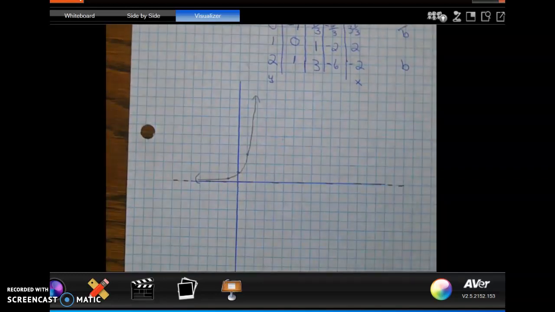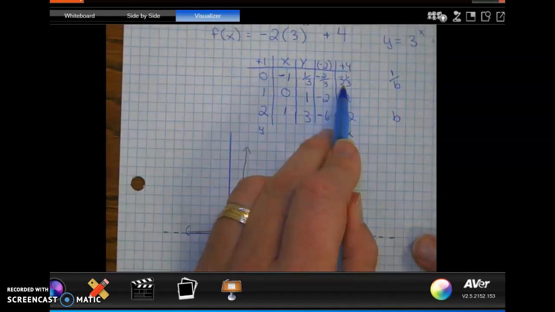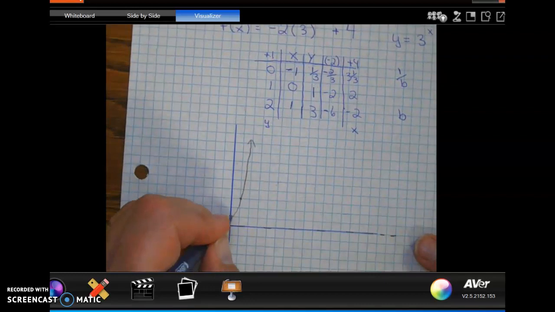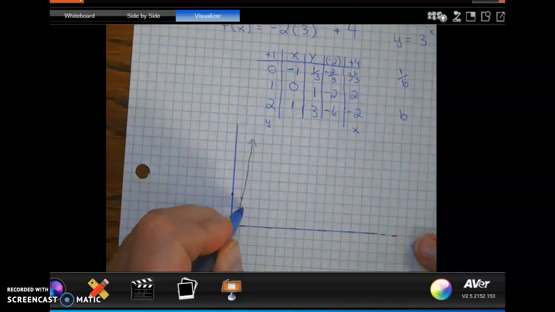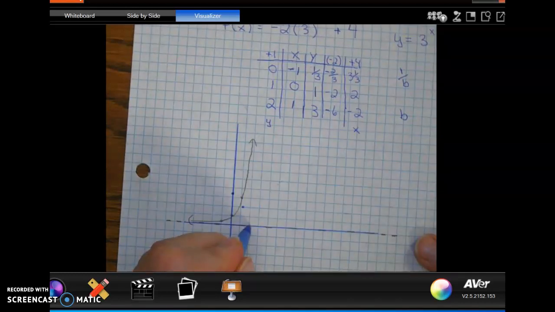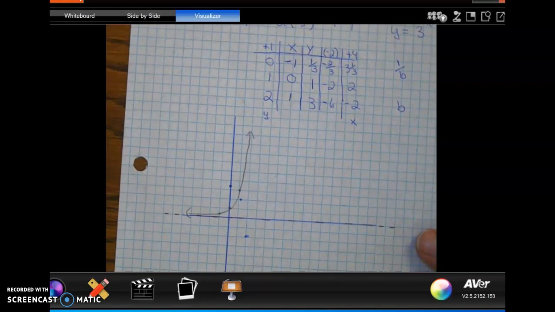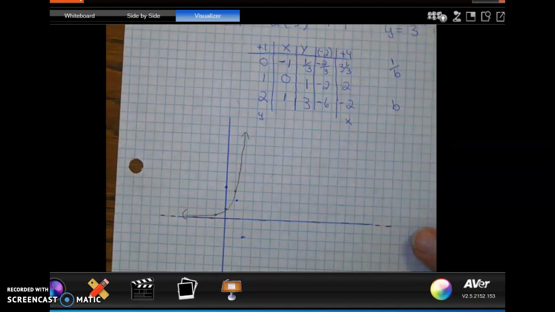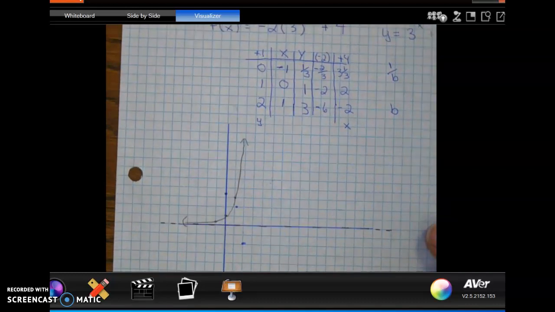Okay, now let's do our transformation points. So we have 0, 3 1/3, 1, 2, 2, -2. Okay, so as of right now, you might be a little confused on why this looks the way it does. Well, before we start sketching this, let's go ahead and draw in our asymptote.